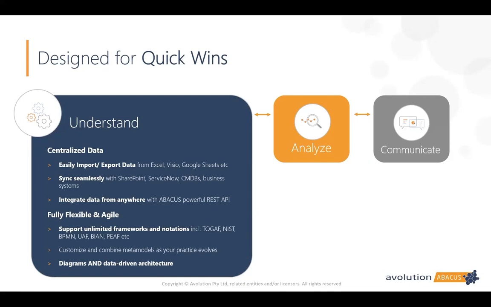Now, showing value quickly doesn't require all of your data, and it doesn't even require a huge data set. You can show value quickly by focusing in on even a small set of your enterprise information. So perhaps just your applications and the business processes that use those applications, and some relevant information about those components in your architecture to help you form some analytics and actionable insights.